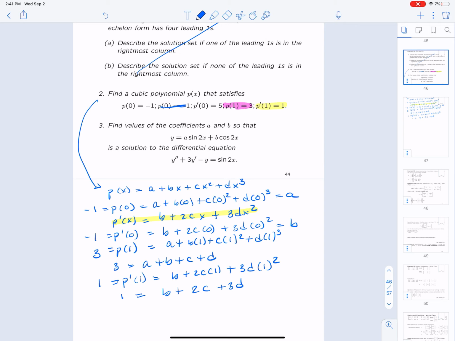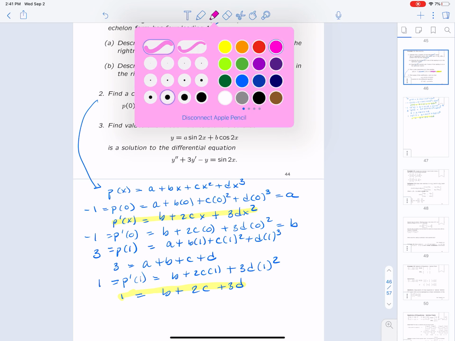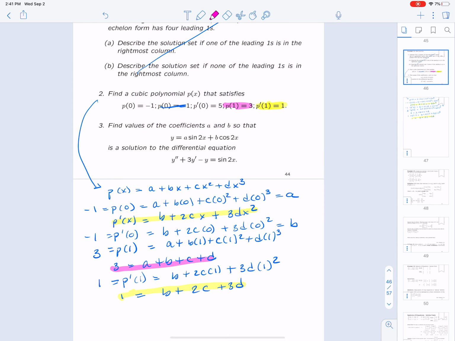So this equation here came from here. This equation with the 3 in it came from the p of 1 equals 3. The equation b equals 5 came from p prime of 0 is 5.